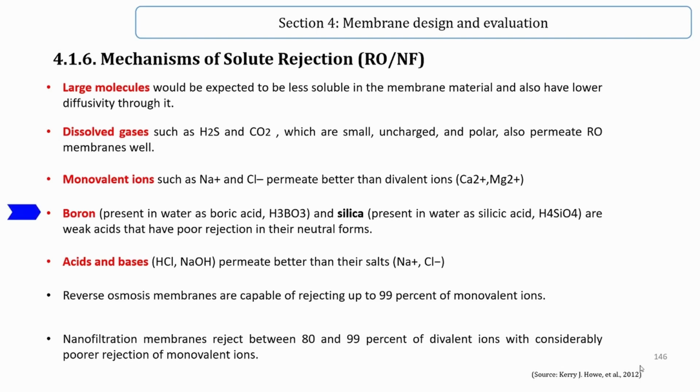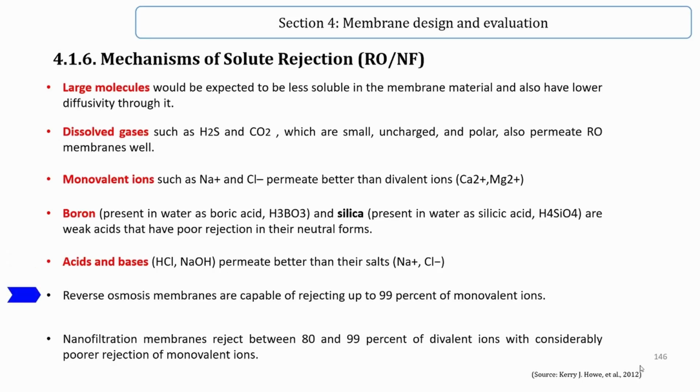Boron present in water as boric acid and silica present in water as silicic acid are weak acids that have poor rejection in their neutral forms. High rejection can be achieved by raising the pH. Acids and bases such as hydrogen chloride or sodium hydroxide permeate better than their salts such as sodium chloride because of decreased electrostatic repulsion.